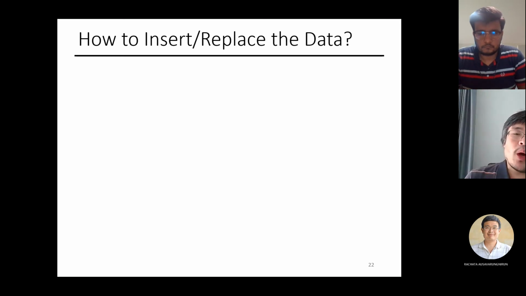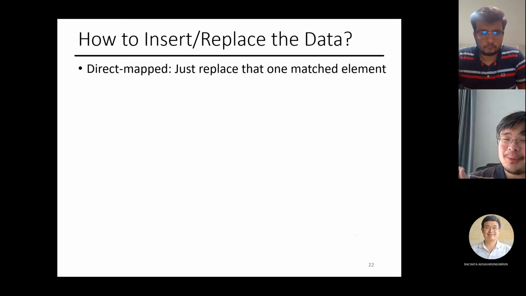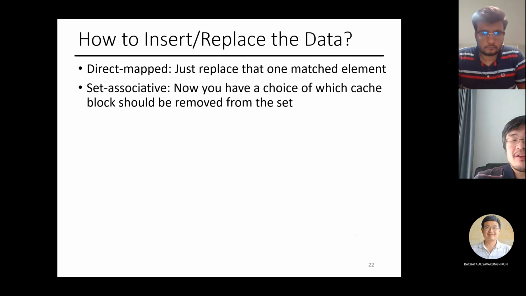One of the designs that's easy to figure out is direct map. Direct map is easy. One cache block per set. So if I have a new item in, I kick that thing out. But when you have a set associative cache, you end up with a choice of what should be removed from my set.